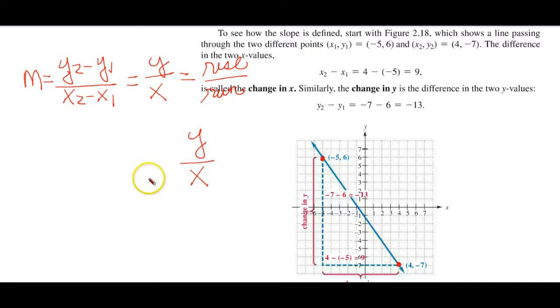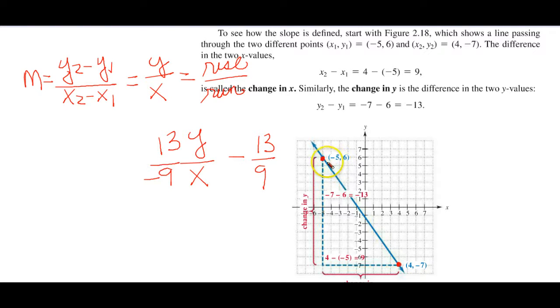I have a negative 9 here. Then I'm going to go up, and I'm going to count from over here. 1, 2, 3, 4, 5, 6, 7, 8, 9, 10, 11, 12, 13. So the slope of this line, and going up is a positive direction, is negative 13 over 9.